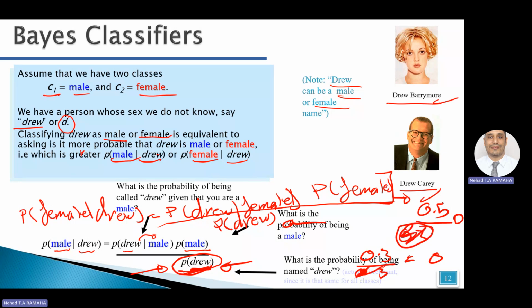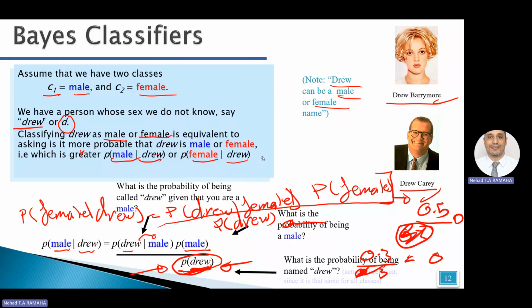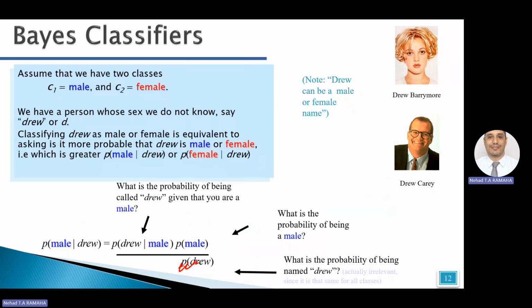So it will not change our decision for classification. For simplicity, we simplify this rule. That's why it's named the idiot or simple Bayes classifier: we remove this term from the rule.